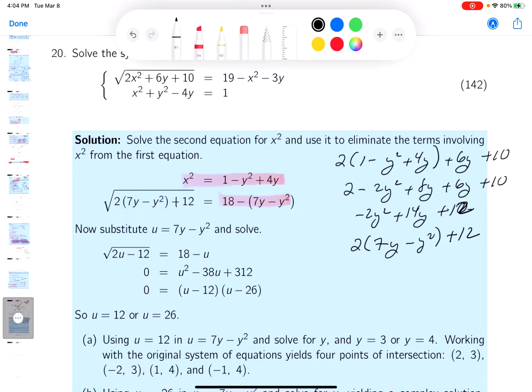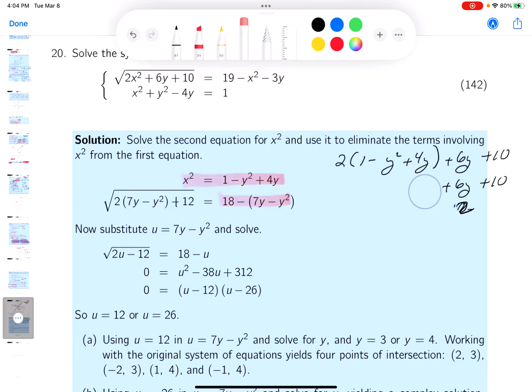All right. So then I'm going to recheck it, though, because I always say, oh, it's an error, when in fact there's no error at all. I'm going to go through that again to make sure I didn't make any mistakes. So I just replaced in the radicand x squared, which is 1 minus y squared plus 4y. 2 minus 2y squared. I'm just checking. 8y, 6y, plus 10.